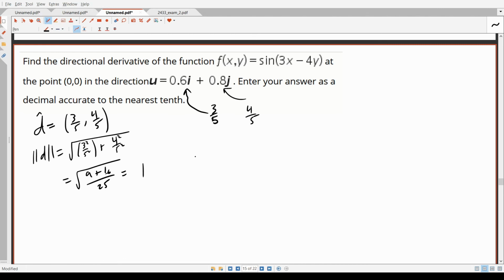So the directional derivative we want is gradient of f at 0, 0 dot our direction vector, right, this one over here. So the gradient of f is, we did this already, it's going to be 3 minus 4.